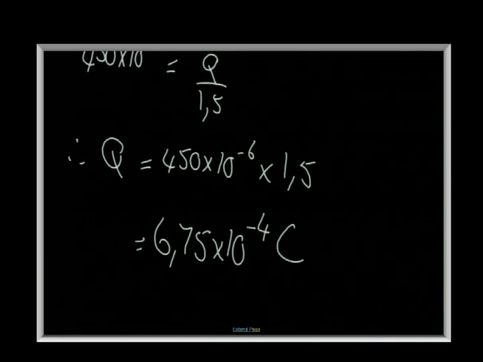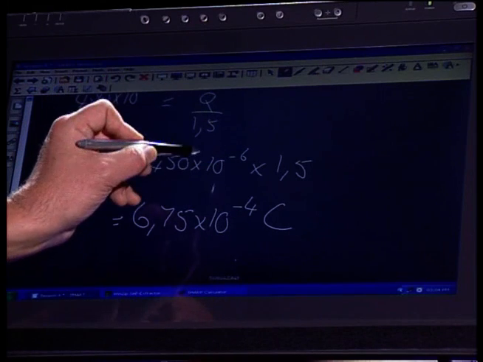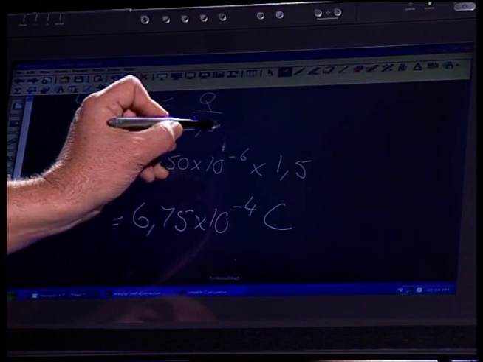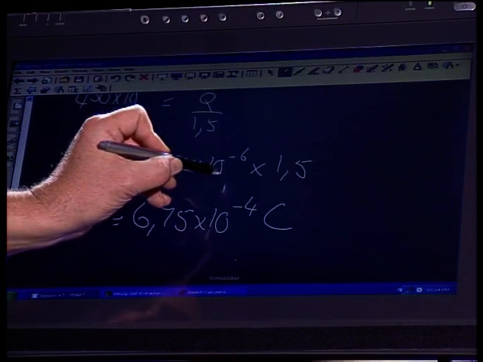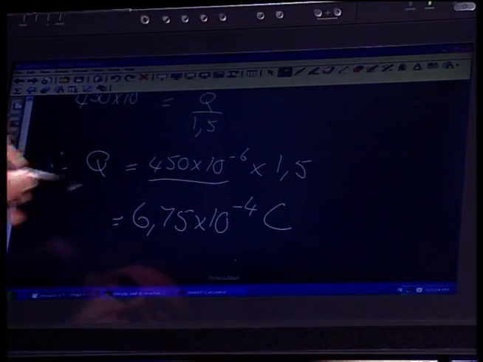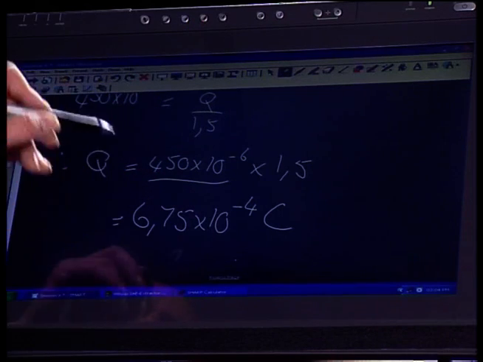Notice this. This is really important. It was a relatively small potential difference, only 1,5 volts. That's just a little battery. That's just one of those things that you buy in the shops. Not very big, not a massive thing. And we had a very small 450 microfarad capacitor.